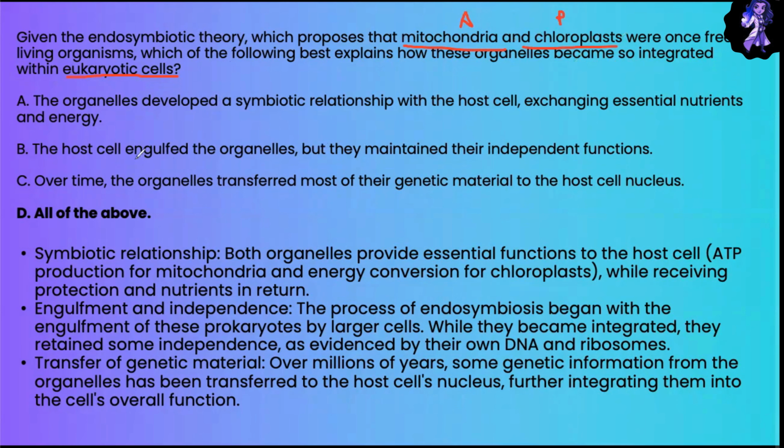Now, in the first part, it says the organelles developed a symbiotic relationship within the host cells, exchanging essential nutrients and energy. The reason why this is true is because mitochondria, remember, can produce ATP.